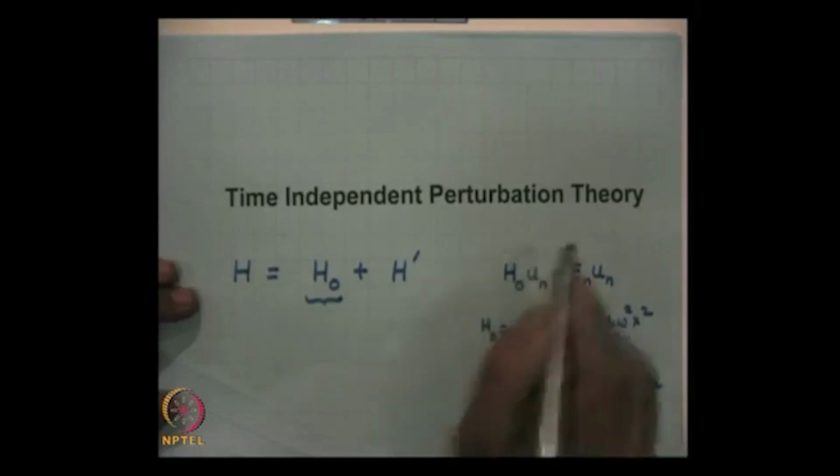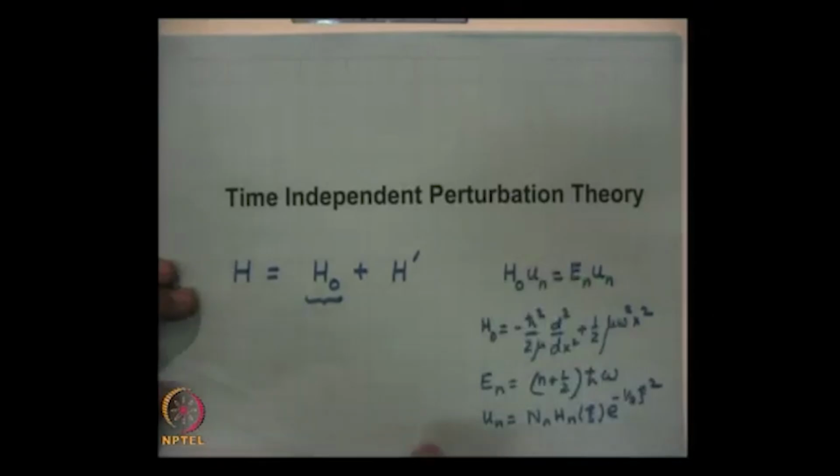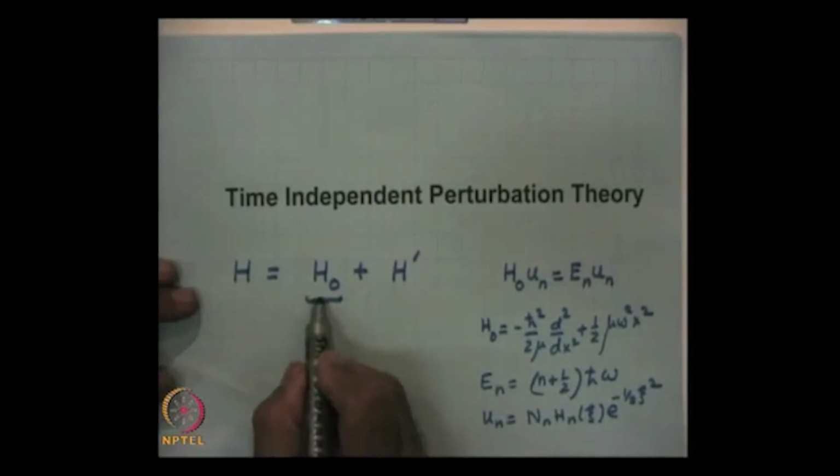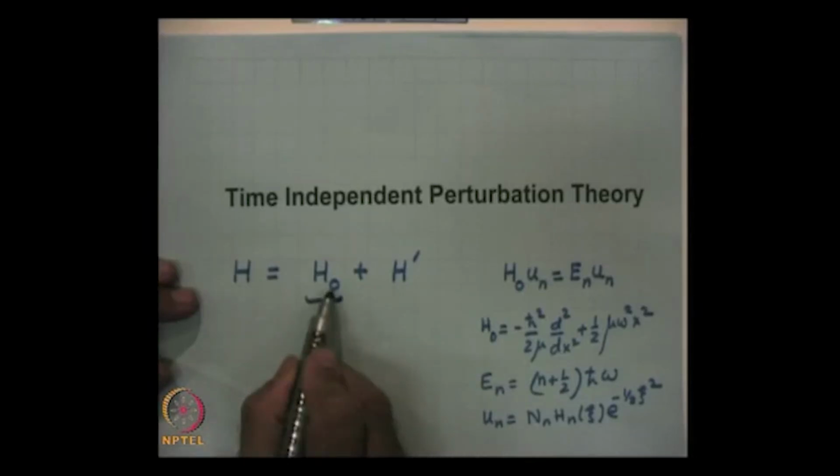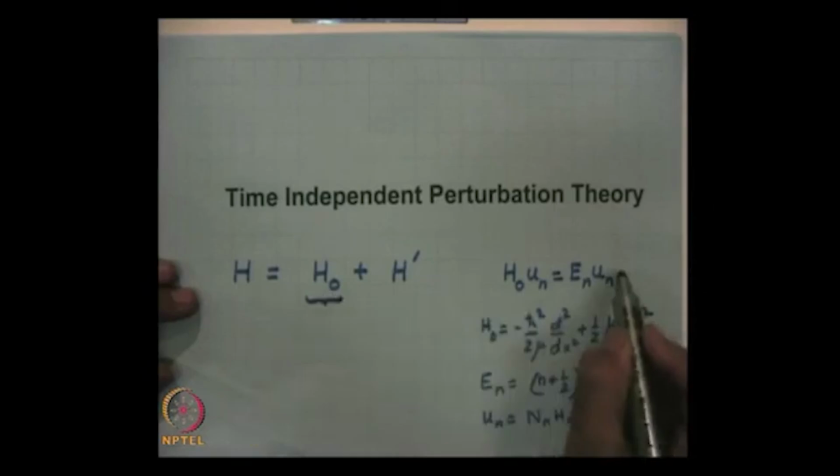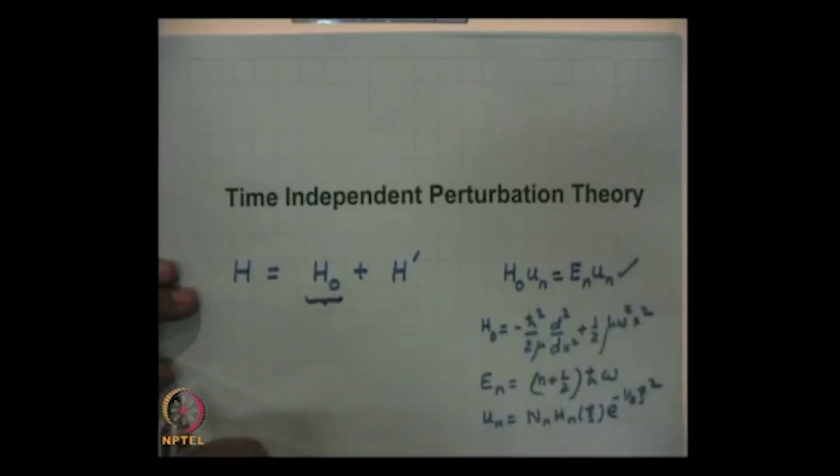or H naught may be the Hamiltonian corresponding to the hydrogen atom problem. Now, therefore, H naught is the portion of the Hamiltonian for which the solutions are known.